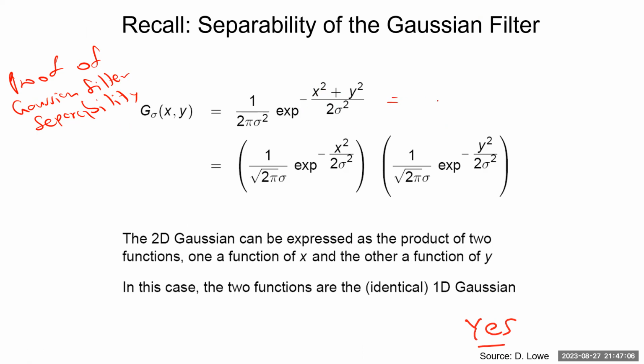You can write this as 1 over 2 pi sigma squared, times e to the power minus x squared over 2 sigma squared, and then e to the power minus y squared over 2 sigma squared.